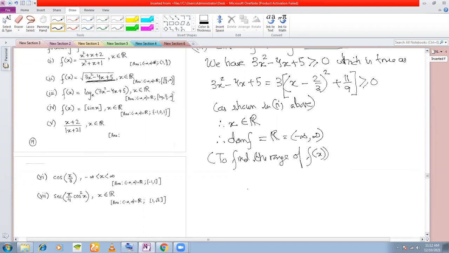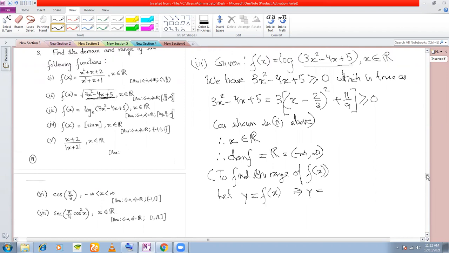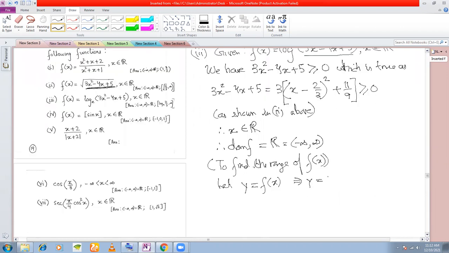So here we assume let y be equal to the given function. That means y is equal to log of 3x square minus 4x plus 5. From the definition of a log, what can I say? 3x square minus 4x plus 5 must be equal to e to the power of y, because the base is e.